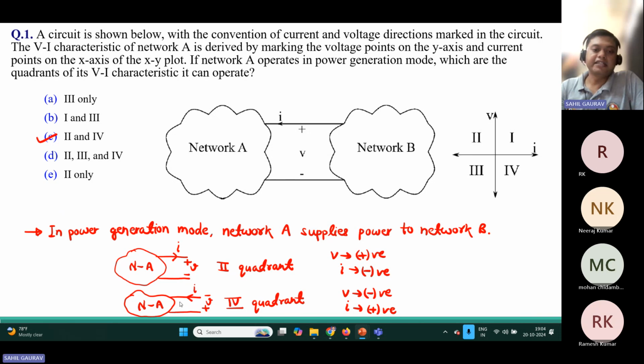The next case is opposite to the first case, so that your power will be positive. Here the voltage is reversed while the current direction is the same. So voltage will be negative and current is positive, which is the fourth quadrant. So the correct answer is second and fourth.